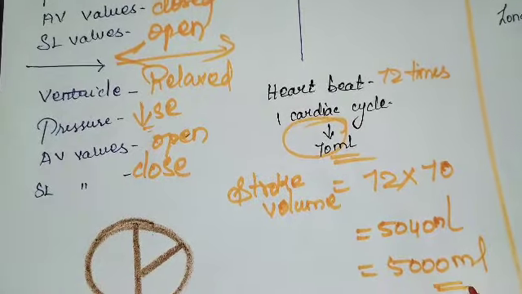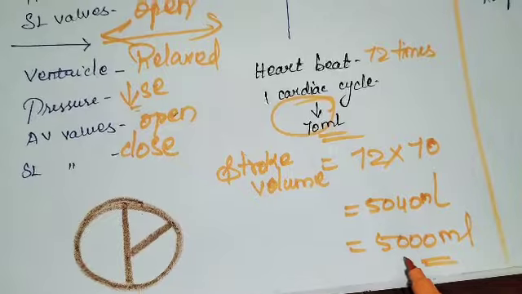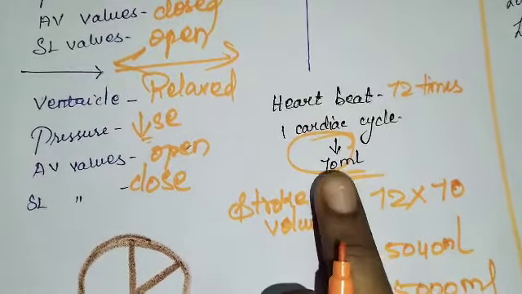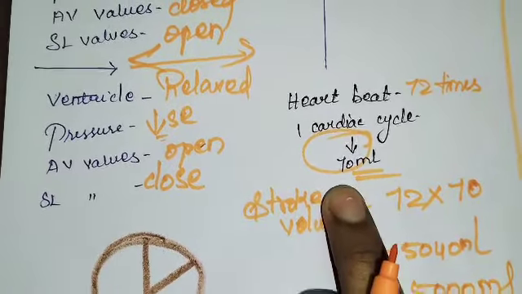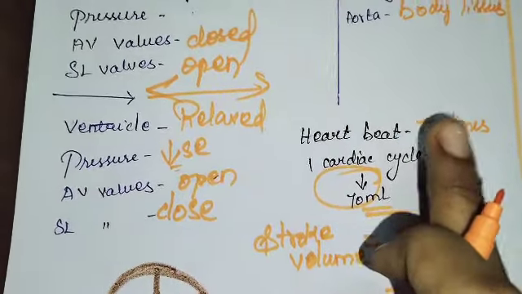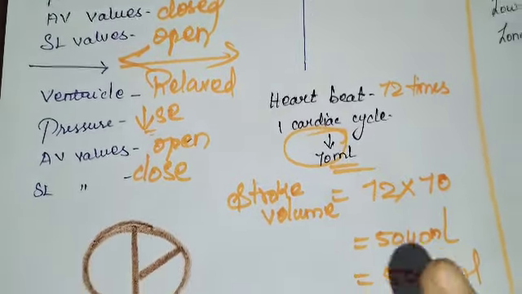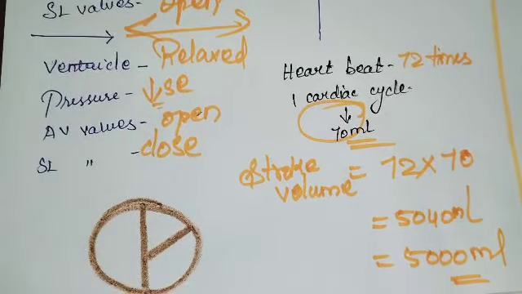That is the amount of blood flowed in one cycle is 70 ml. Then 72 times per minute the sinoatrial node generates a potential. So per minute the cardiac output is 5000 ml.